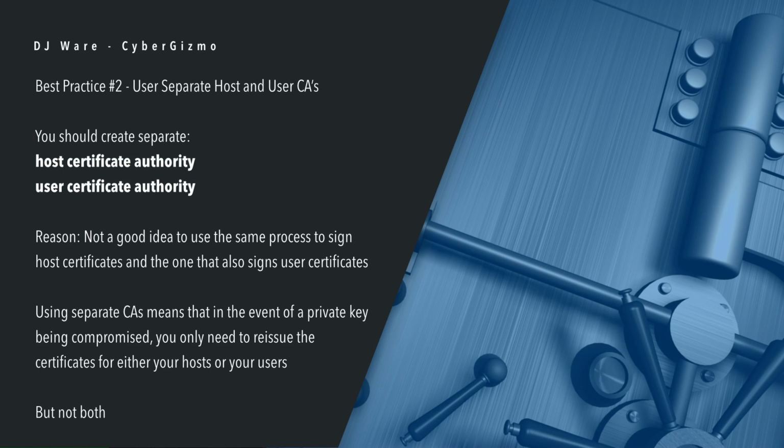Even though it's changed, that validation is still in place. And if the user private key becomes compromised, I don't have to reissue my host certificates along with it. I can just reissue the client user, and then I don't have to do both.